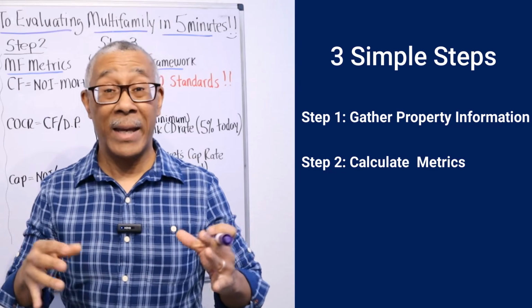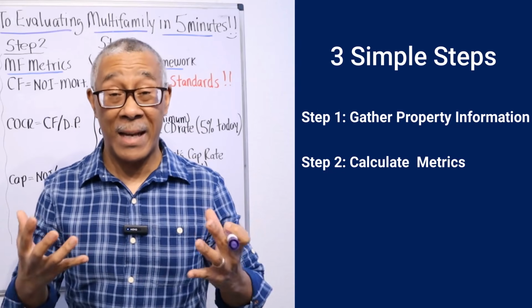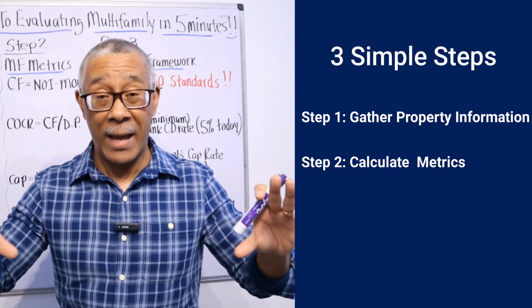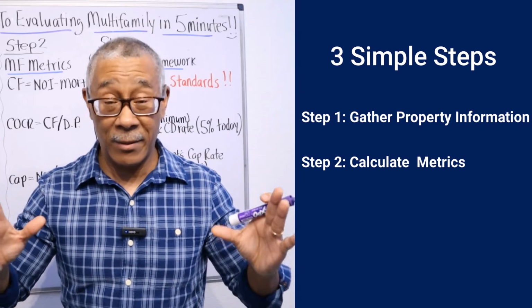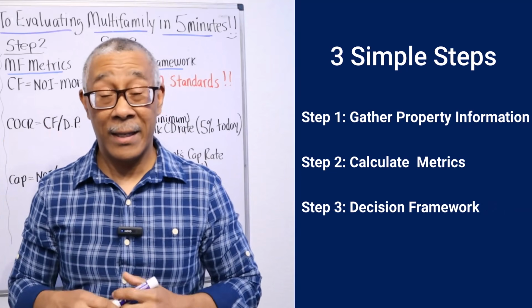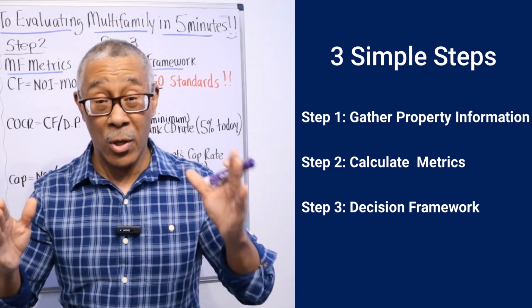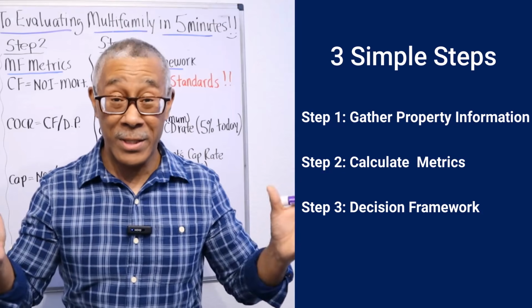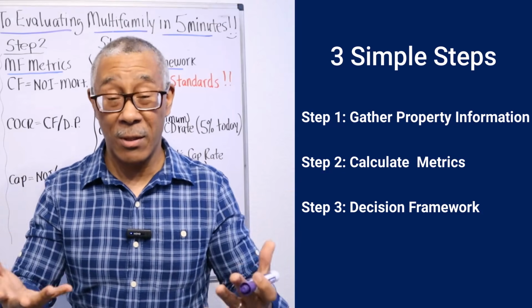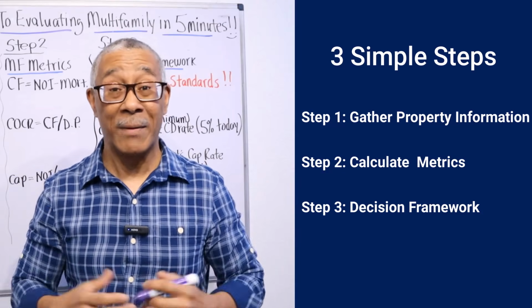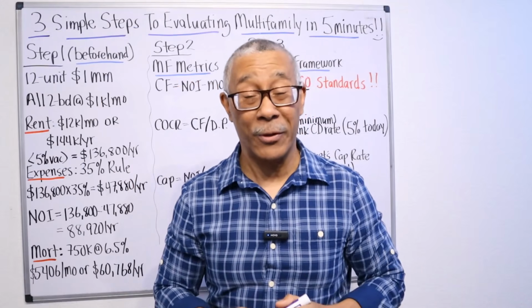You cannot make a decision on whether this is a good or bad deal without having the metrics calculated, okay? And step 3 is your decision framework. I'm going to give you standards. These are go or no-go standards for whether you want to pursue the deal or not based upon the multifamily metrics, okay? Make it really simple for you.